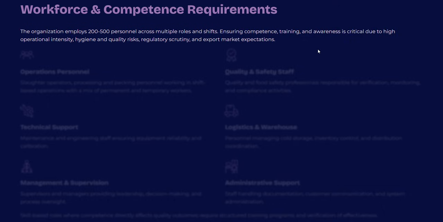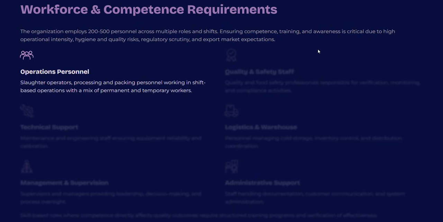Ensuring competence, training, and awareness here is critical due to high operational inconsistency, hygiene and quality risk, regulatory standing, and export market expectations. Let's start with operations personnel: slaughtering operators, processing and packing personnel working in shift-based operations with a mix of permanent and temporary workers.